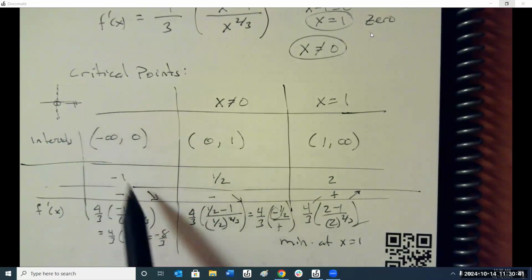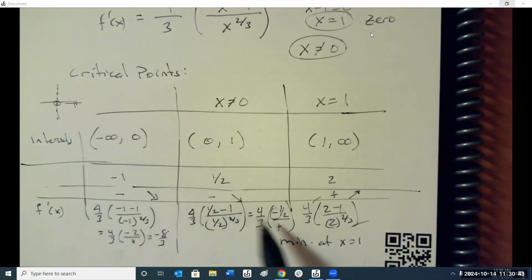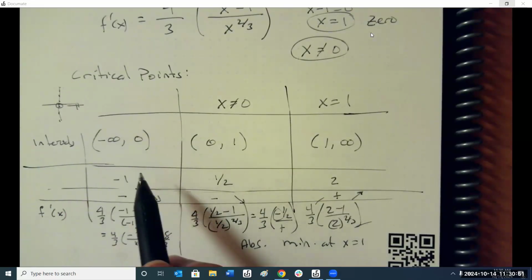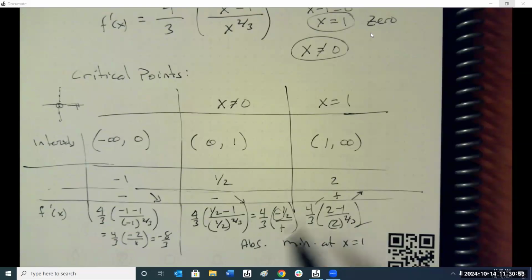Since all of these are decreasing, and that's decreasing even further, this is also an absolute minimum, because it keeps going down, and then it goes back up. So it's an absolute minimum there.